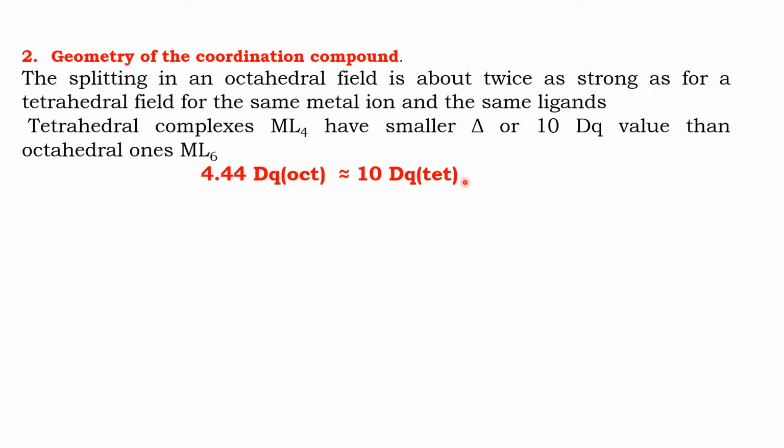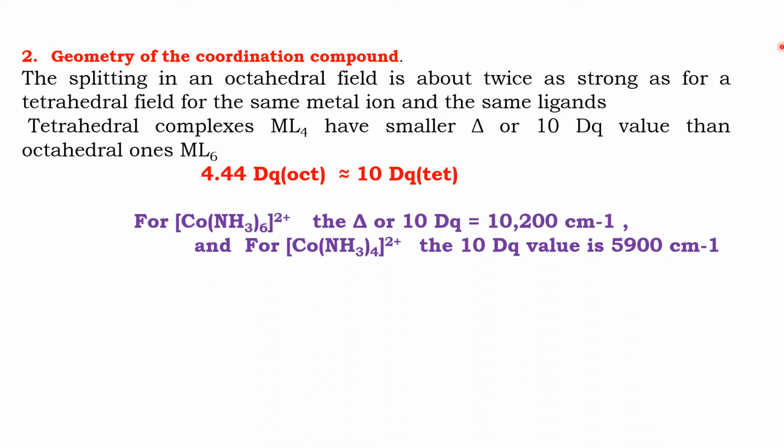That means the tetrahedral 10 Dq is smaller compared to the 10 Dq of octahedral. So we can say the splitting of d orbitals is greater in an octahedral complex than in a tetrahedral complex.